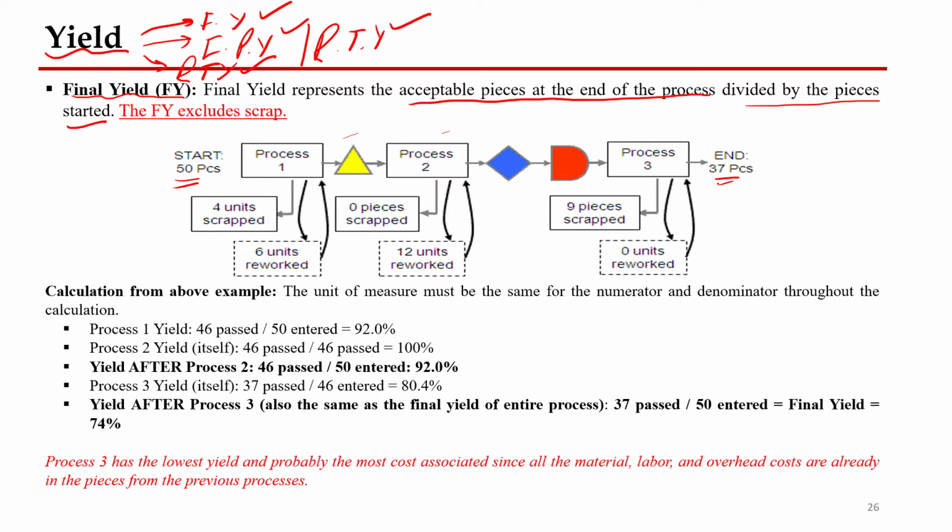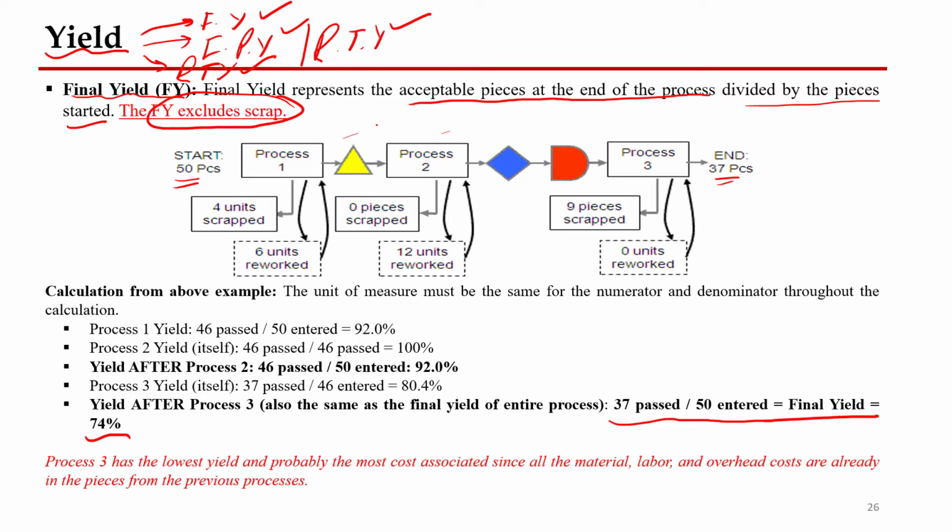So the final yield of the entire process is going to be 37 by 50, which means it only excludes the scrap or defective units. So 74% of the product we are producing conforms to the requirement of the customer. There is no product rejected or scrapped; we have done some rework.